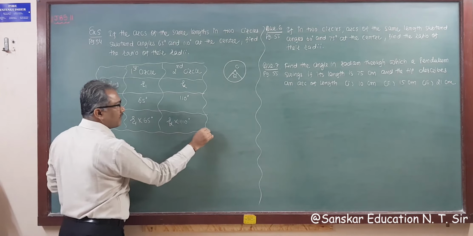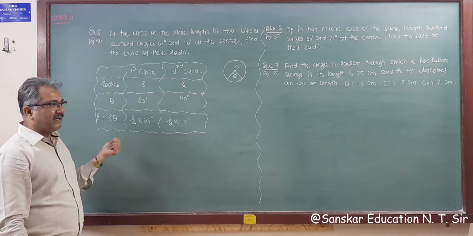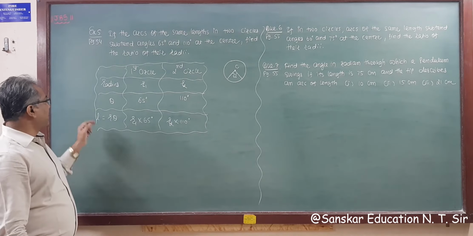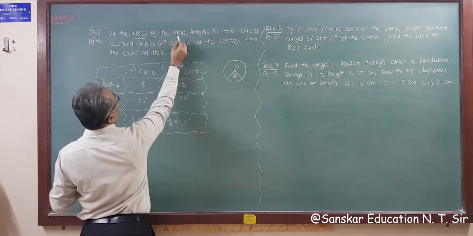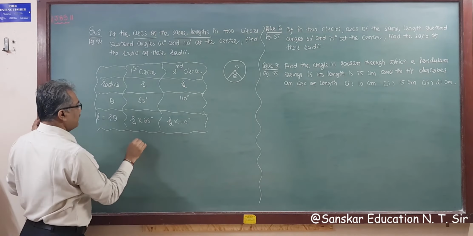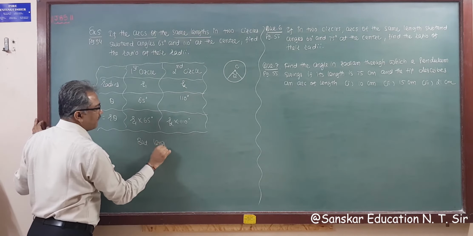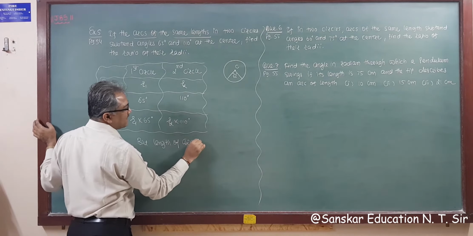Now we have to find out the ratio of radii, right? But what is given? The length of the arc for both circles, the arc of the same length, the lengths of the arcs are same.